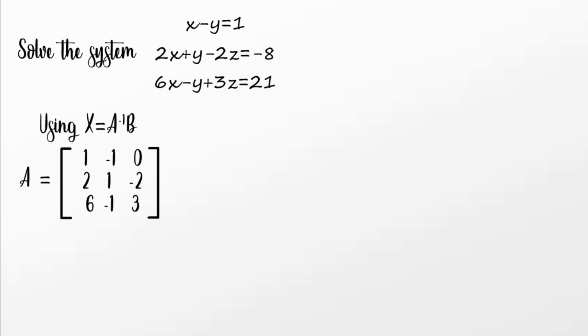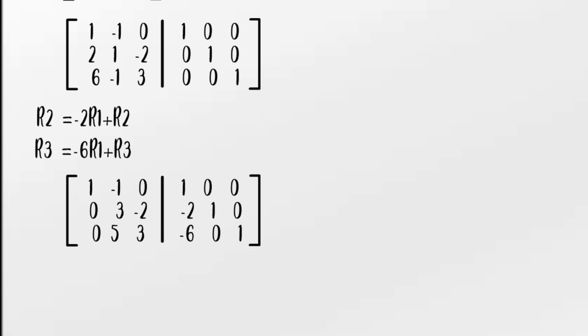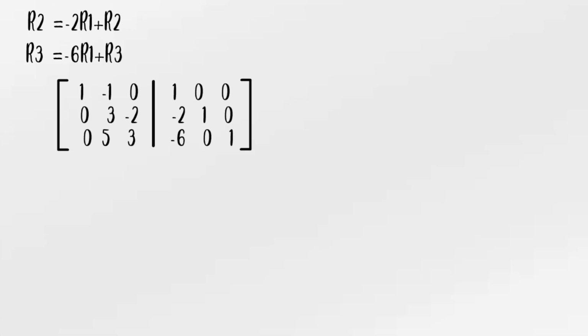Solve the inverse matrix. To get the inverse of this matrix, we will use transforming A slash identity to identity slash A inverse. First, turn the first entry of R2 and R3 to 0. Turn the first non-zero entry of R2 to 1.